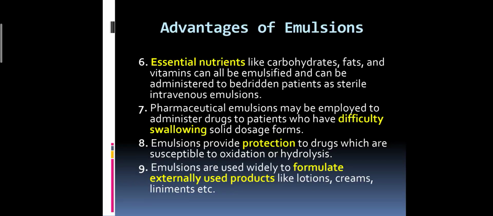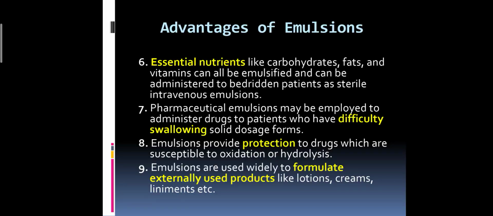The seventh one is that some dosage forms are very difficult to swallow, so we make those dosage forms into an emulsion, and then they are easily swallowable. And the eighth one is that emulsions provide protection to drugs which are susceptible to oxidation or hydrolysis.